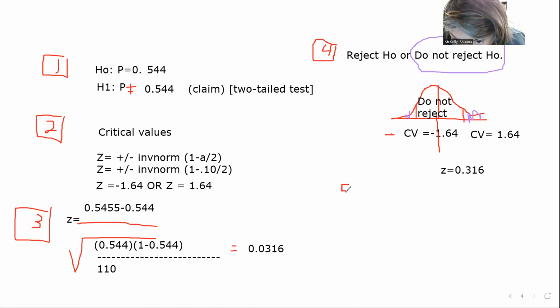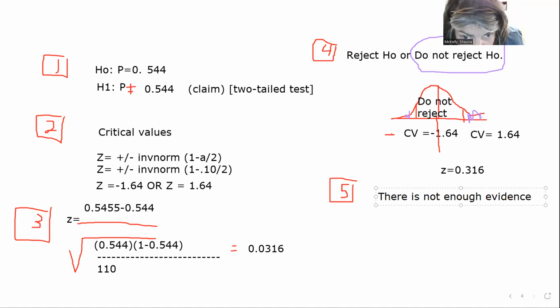We can say that there is not enough evidence, and remember that our claim was H1.